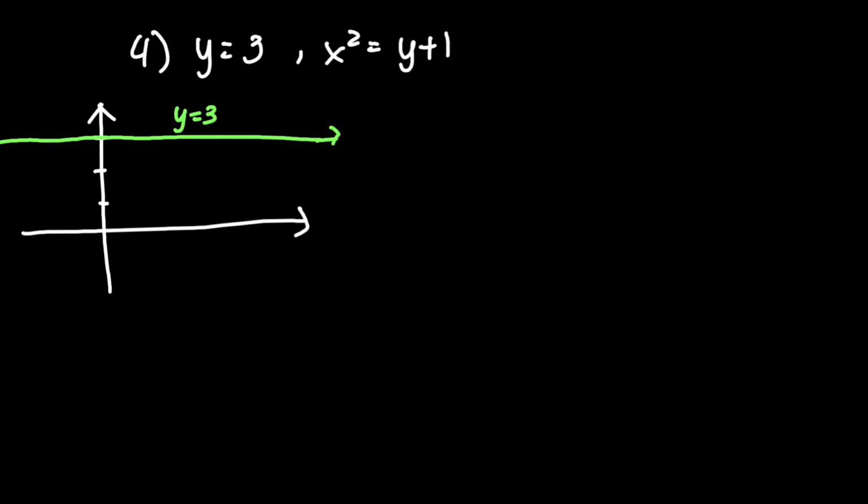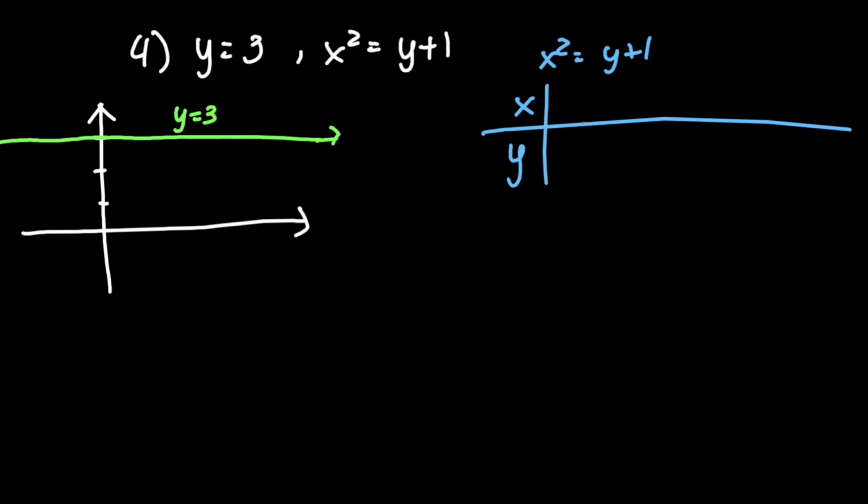And x squared equal y plus 1. So if x right here would be equal to 1, since it has a 1 here, put it on the left side, this would be equal to 0.